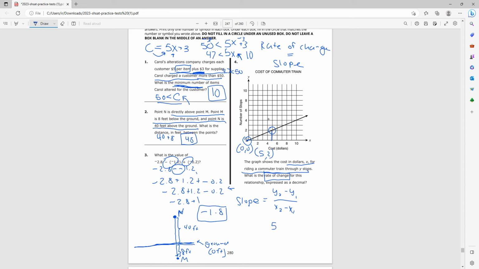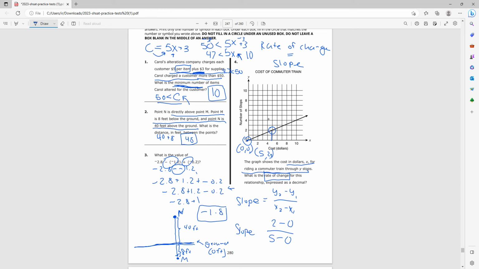What we really have is 2 minus 0, y2 minus y1, over x2, which is 5, minus 0, which is our x1.